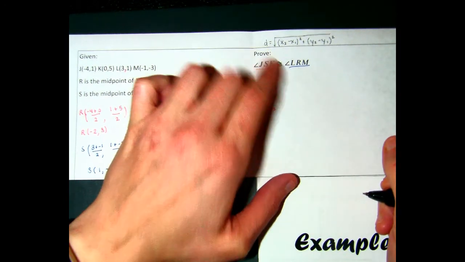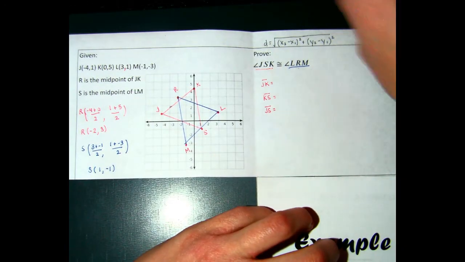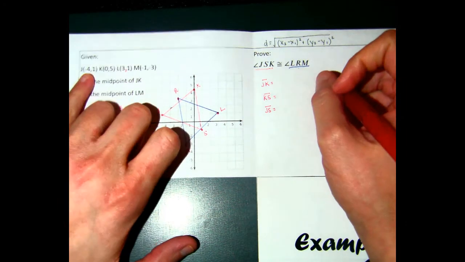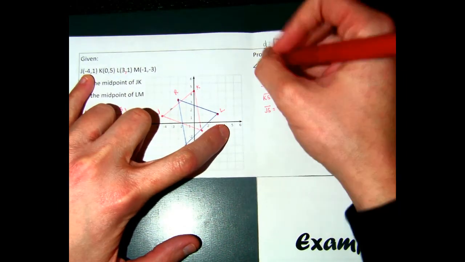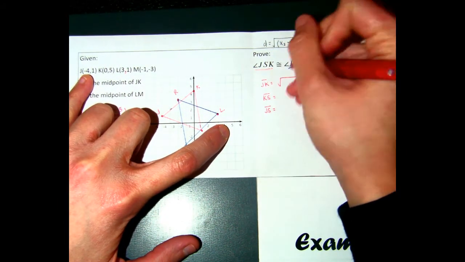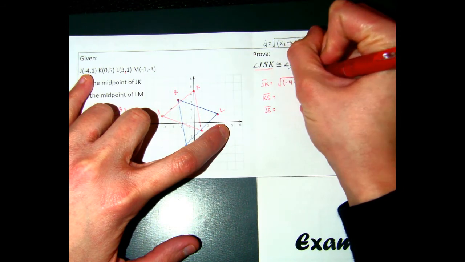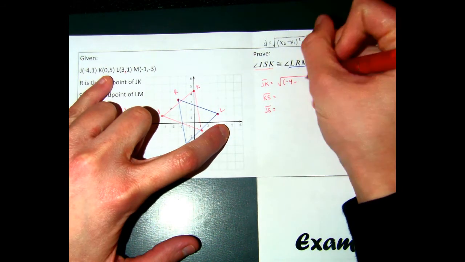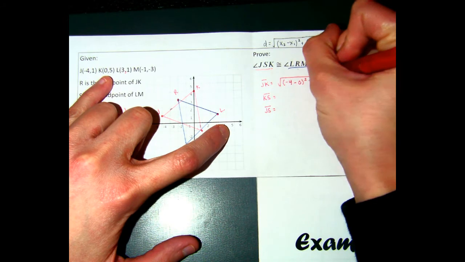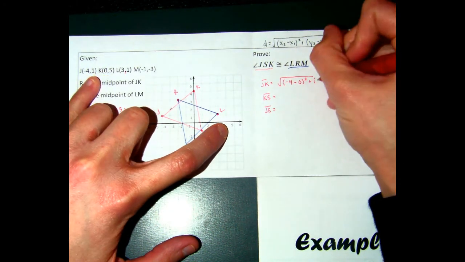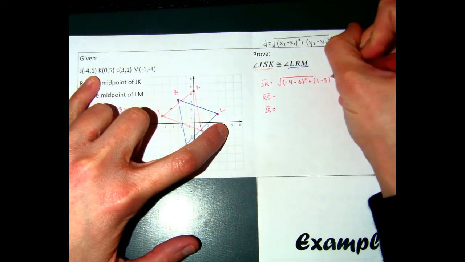So this is the formula we're going to be using to find the lengths of these. So JK, let's say J is x2 and y2. So I have -4 minus, and I'm finding K, 0 squared plus 1 minus 5 squared.